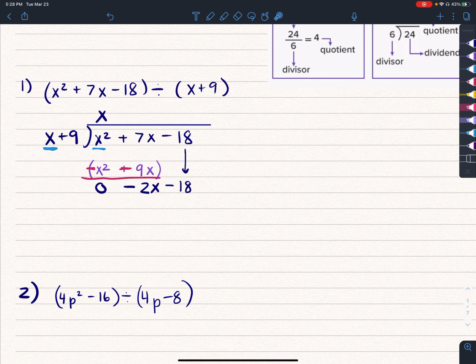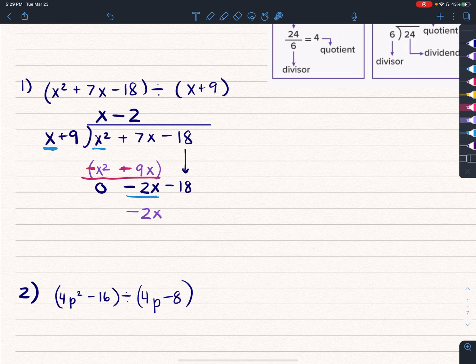And now we do the same thing that we did in the last step. We focus on the first term here, and again on that first term. We're asking ourselves, what do we need to multiply x by in order to get negative 2x? That would be negative 2. And now we follow through in the multiplication. Minus 2 times x, we get minus 2x.